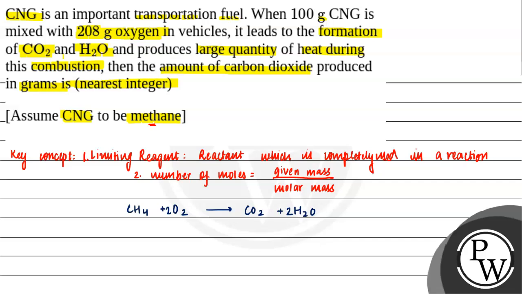Initially, what is given to us is CH4, 100 grams of CNG. Let us write that down as well, and then we have a column for final.